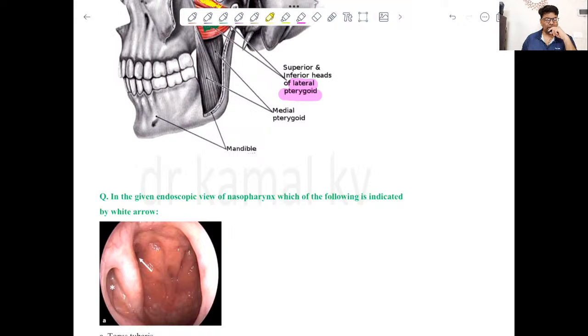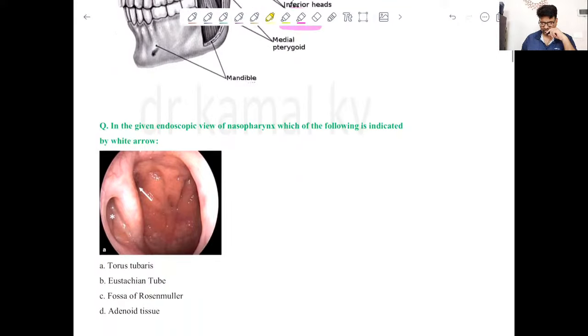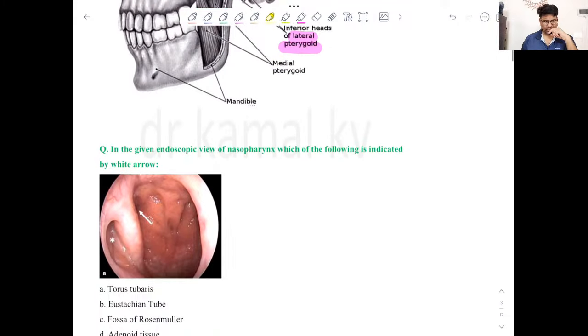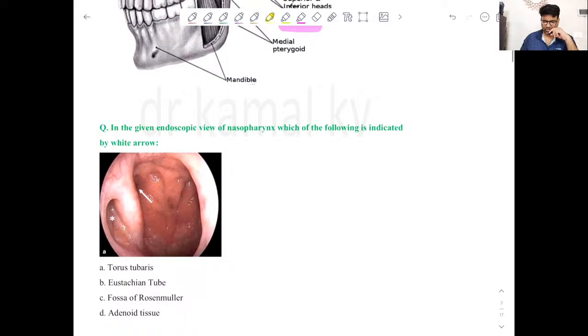Now this is a very important landmark in terms of tumors of the nasopharynx. So if I show you the options, I think it will be very easy for you to mark the answer. Yes, anyone? Okay, I think you can just search out the answer from the options, right?